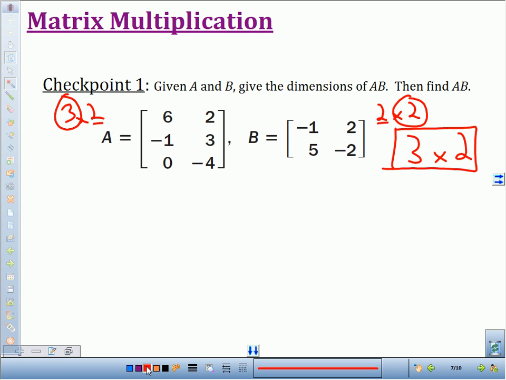Now we want to do some multiplying. Let's start by drawing ourselves a really big matrix so we can shove everything in there. Now I want to multiply 6 by negative 1. Then I want to multiply 2 by 5. That does it for the first element. Now I want to multiply 6 by 2 and 2 by negative 2.